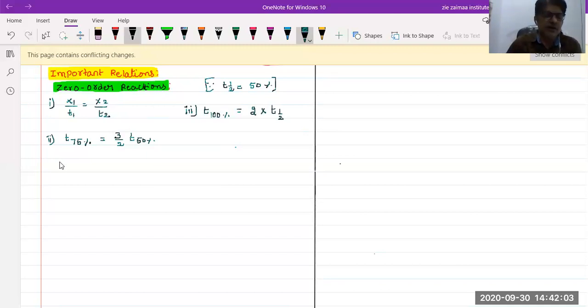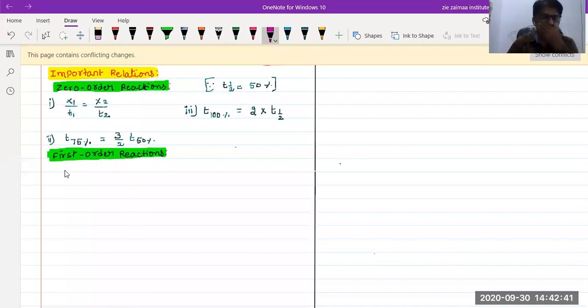Next, first order reactions. For first order reaction, how can we get the first one?